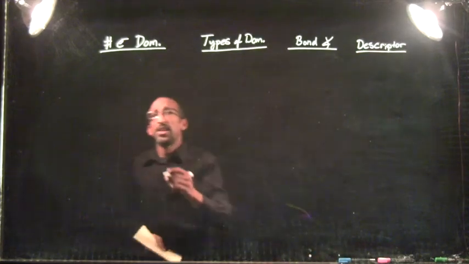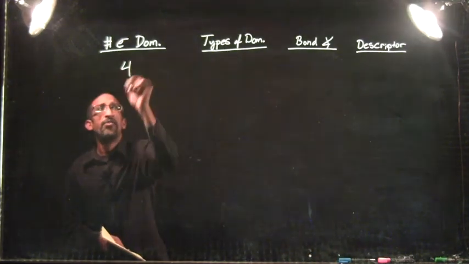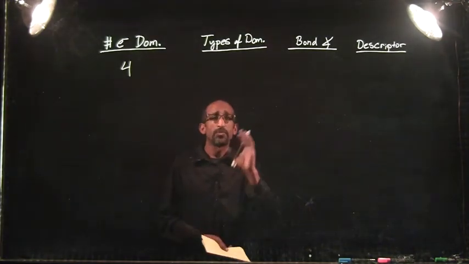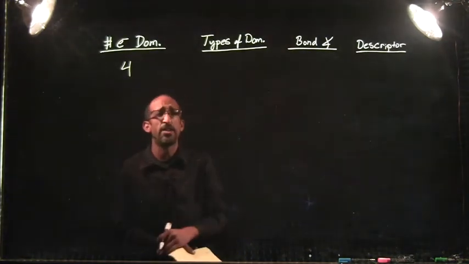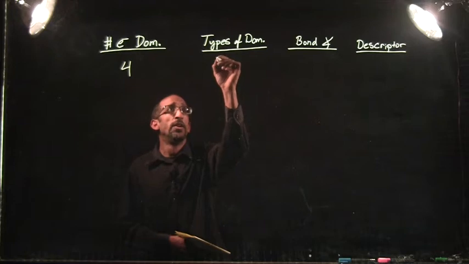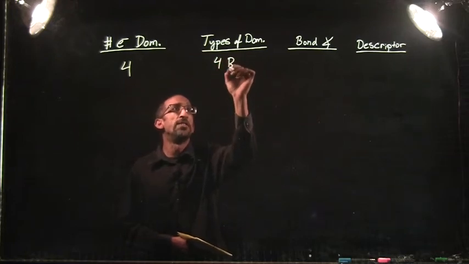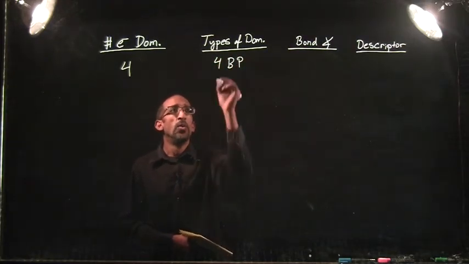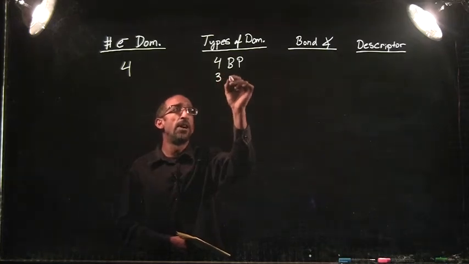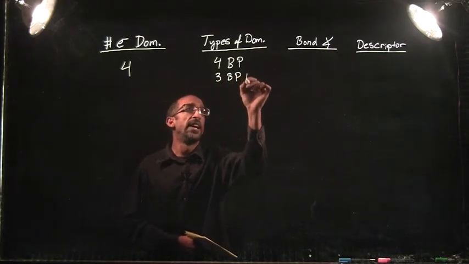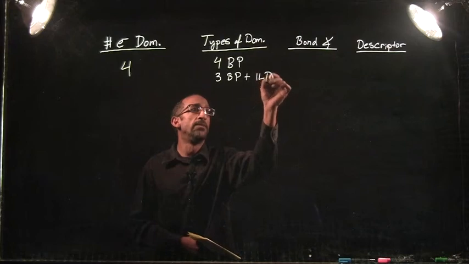So we started out by looking at situations that have 4 electron domains. And we saw that there are 3 basic scenarios we're going to encounter. We have the scenario where we have 4 bonding pairs. We're going to have a scenario where we have 3 bonding pairs and 1 lone pair.